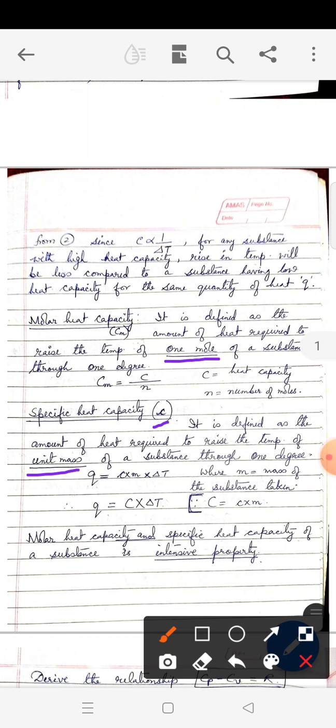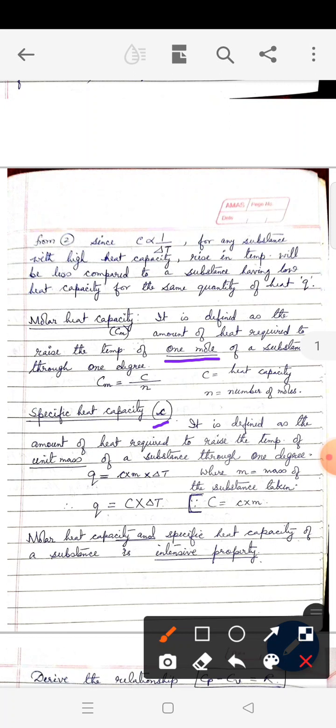So if I write the mathematical formula, Q will be equal to c into small m into delta T, where small m is the mass of the substance taken, because small c is for 1 kg or 1 gram. Now if you take 10 grams, then you have to multiply by 10. Now small c into small m gives you capital C, that is heat capacity.